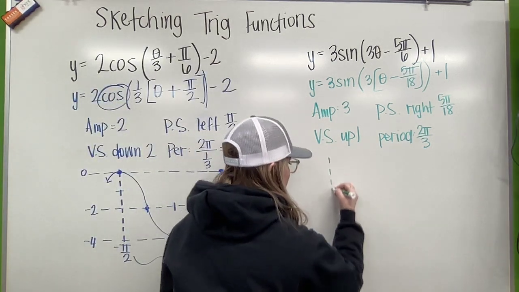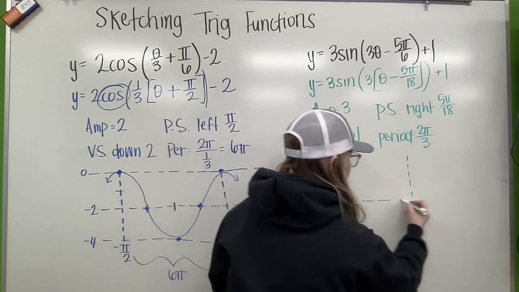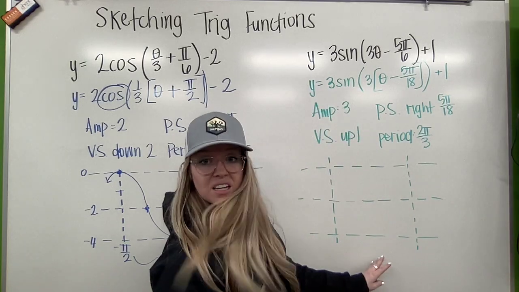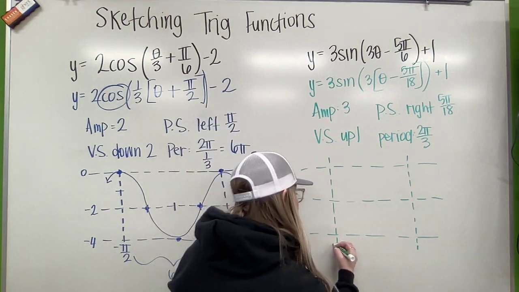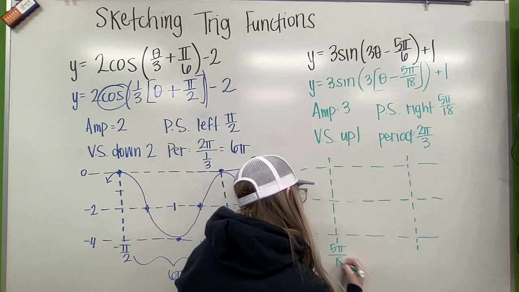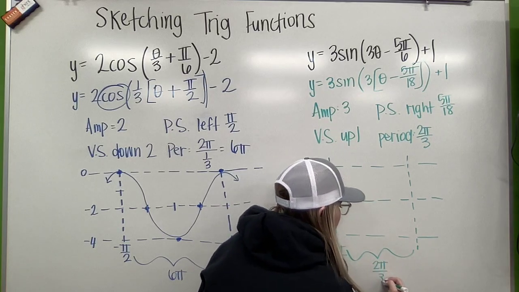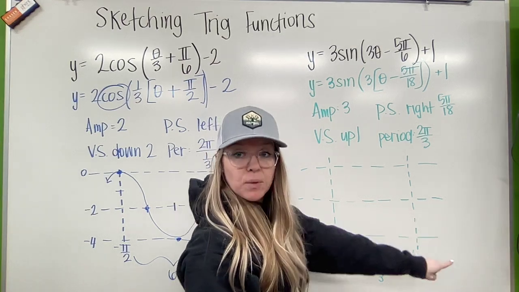So again, even if you just start out, here's the skeleton of my sine wave. Very basic, very simple. So if I move to the right 5 pi over 18, and I have to cover 2 pi over 3, I'm going to have to add these together to see where I'm going to end up.